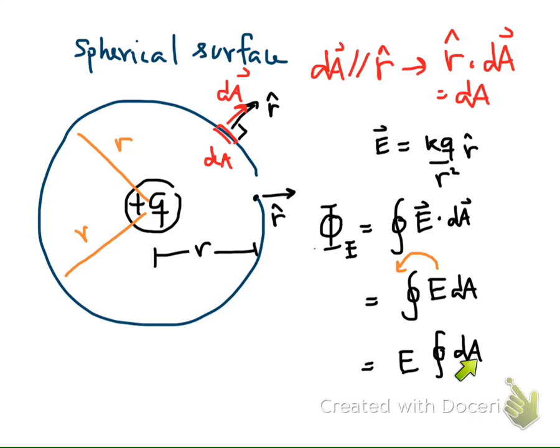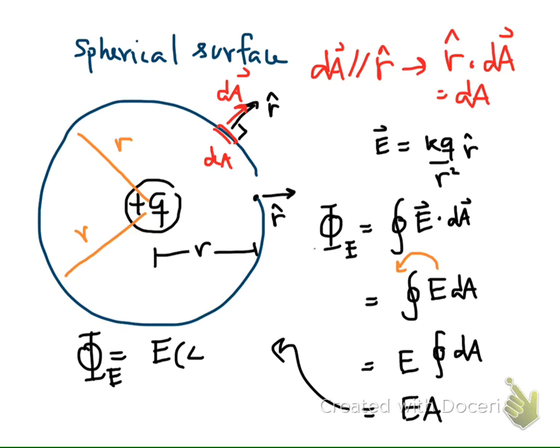The integral of dA over the closed surface is the surface area of this spherical surface. So we have that this is EA, where A is the area of the spherical surface, which is equal to E times 4 pi r squared.